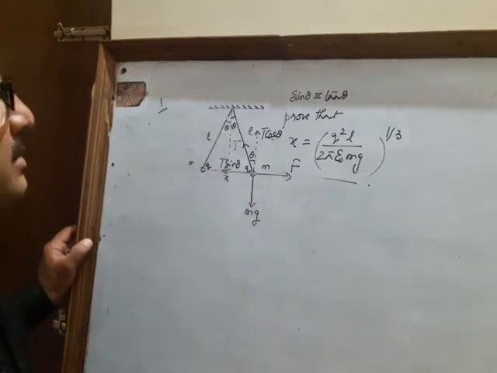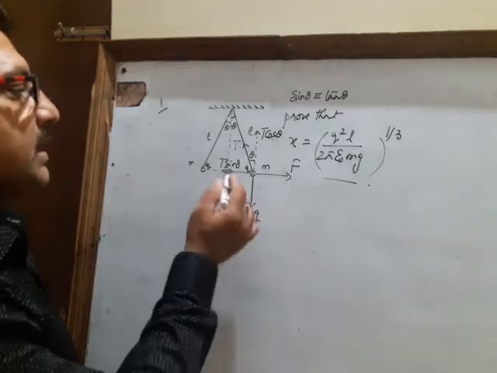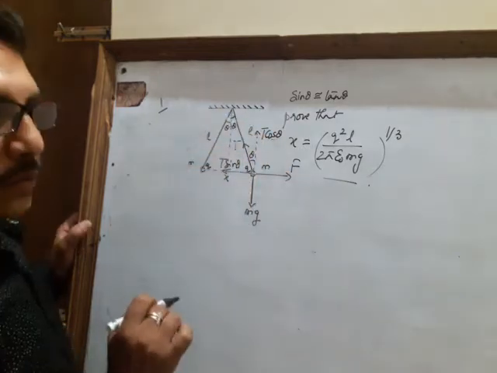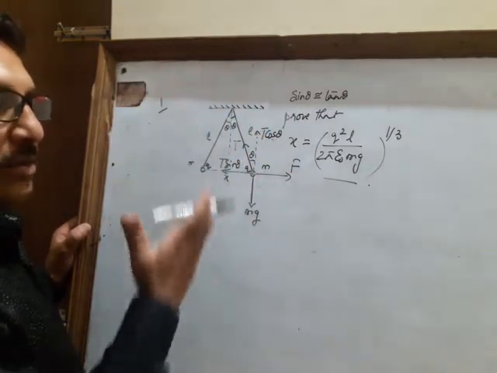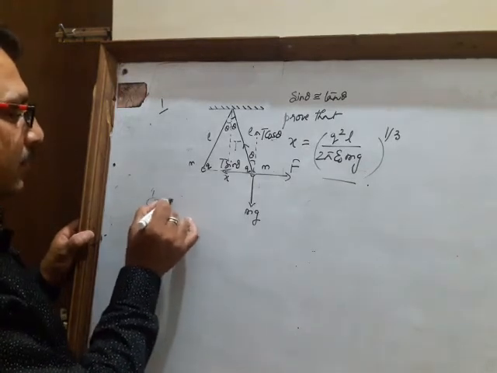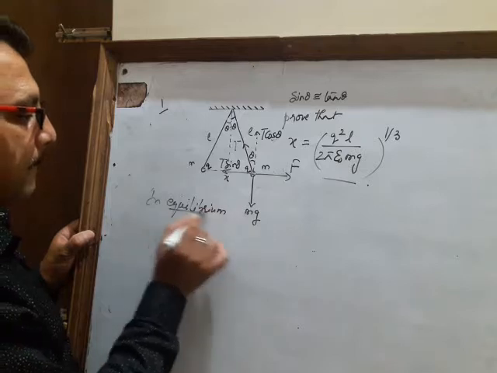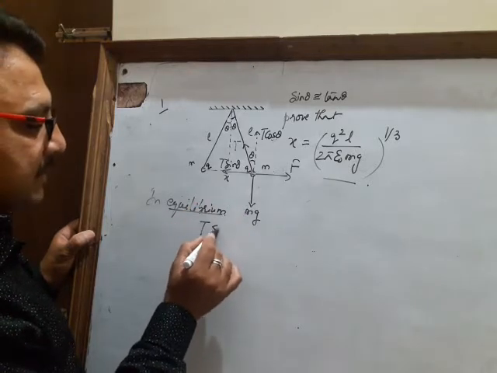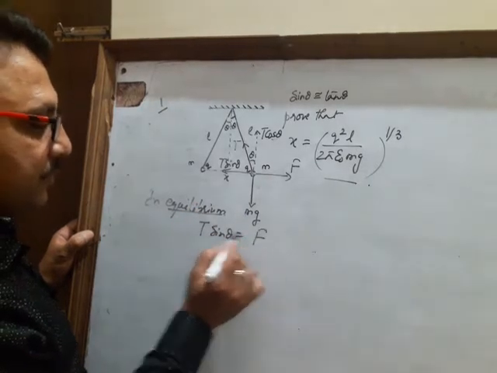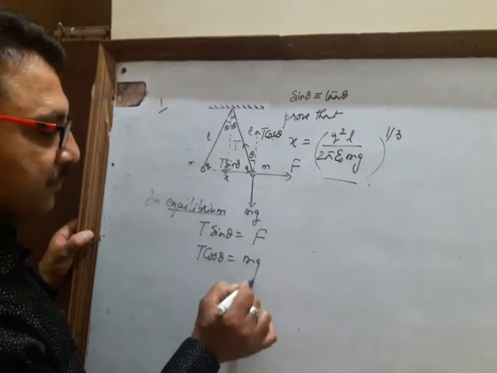Now you can see these forces are in equilibrium along the horizontal and along the vertical, along the x-axis and along the y-axis. So in equilibrium, T sin theta is equal to F, and T cos theta is equal to mg.